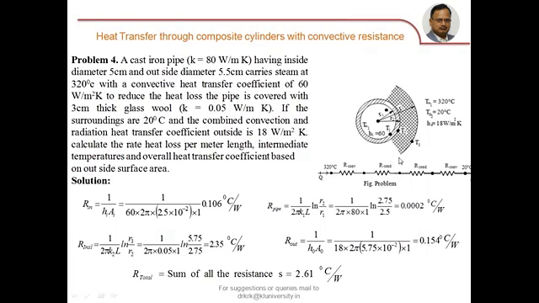This pipe is covered with an insulation having thermal conductivity 0.05, in a convective environment of 18 watts per meter square Kelvin, and the surroundings are at 20 degrees, and the inside fluid temperature is 320 degrees centigrade. You are asked to calculate the rate of heat loss per meter length, the interface temperatures, and the overall heat transfer coefficient based on outside surface area.